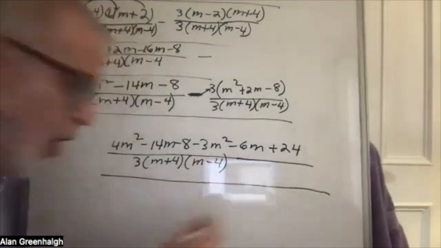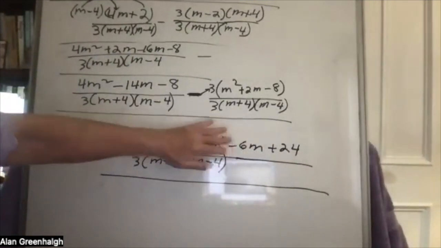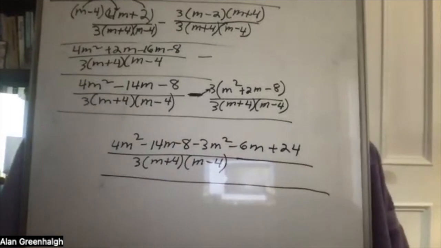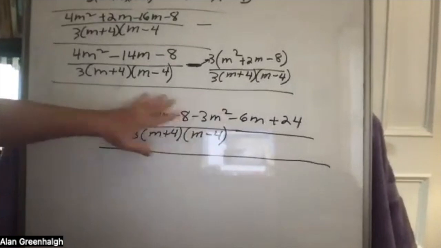The way we'll know if we're doing this correctly is if the numerator can be factored. If the numerator can be factored, then we know that all of this is coming out right.